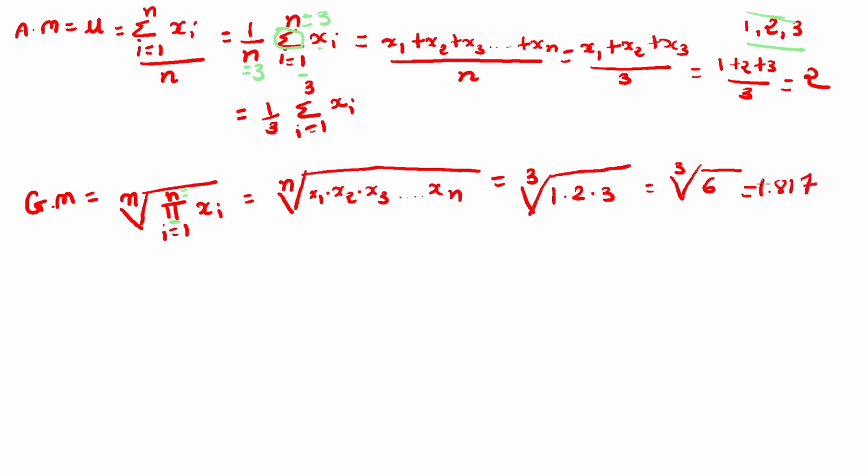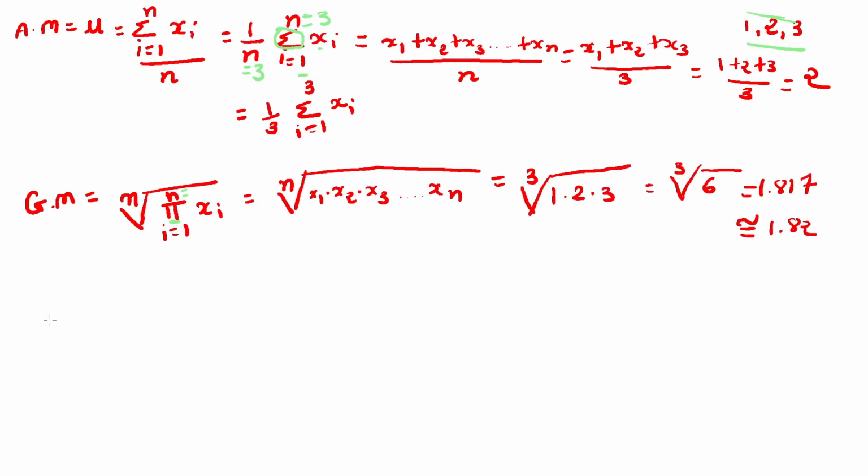So if you want to write approximate value, it can be represented by tilde sign double equal to 1.82. So the geometric mean of the three numbers 1 comma 2 comma 3 will be equal to 1.817, or approximated by 1.82 value.